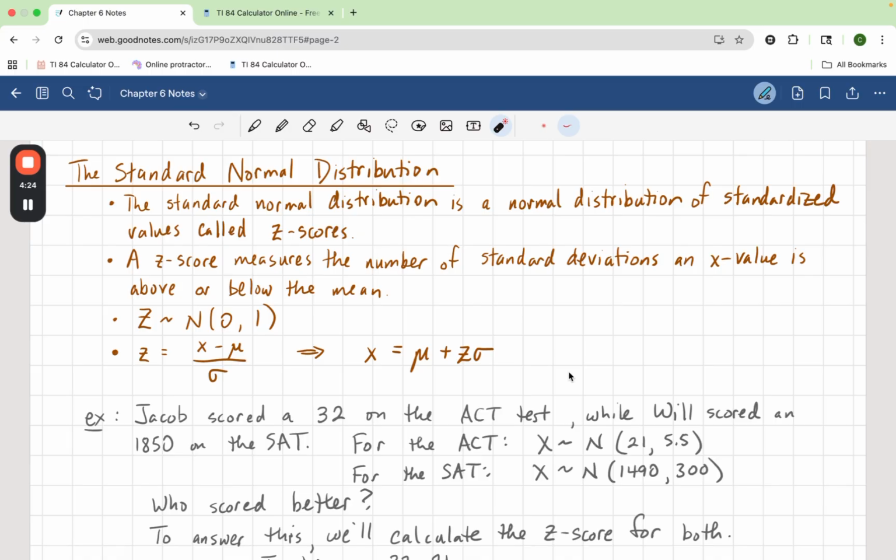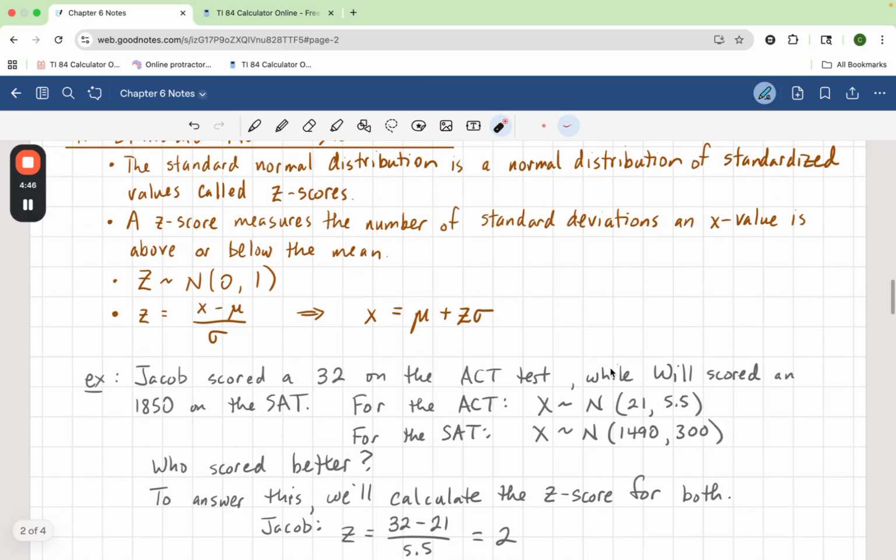A z-score measures the number of standard deviations an x value is above or below the mean. So z, the standard normal distribution, is the normal distribution with a mean of 0 and a standard deviation of 1.